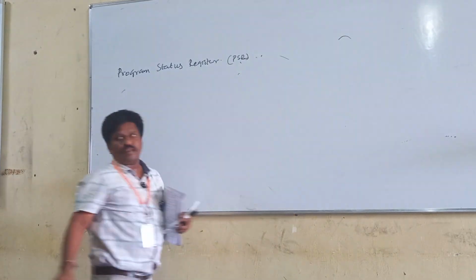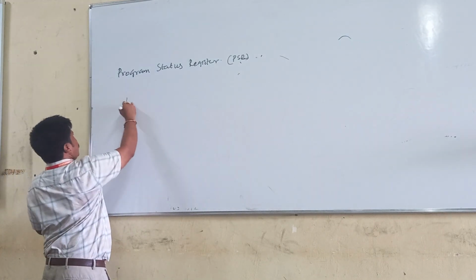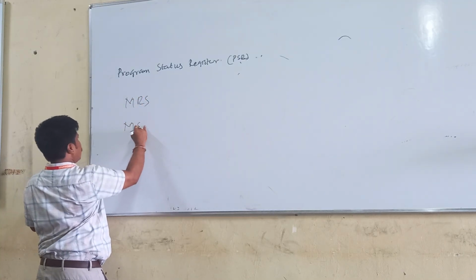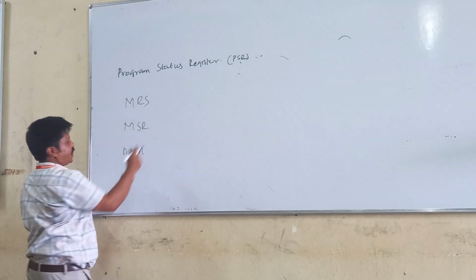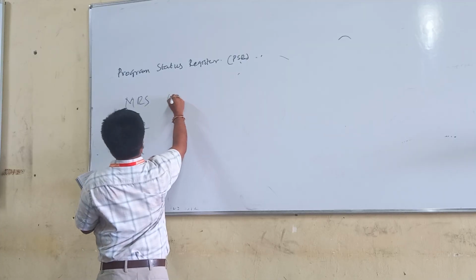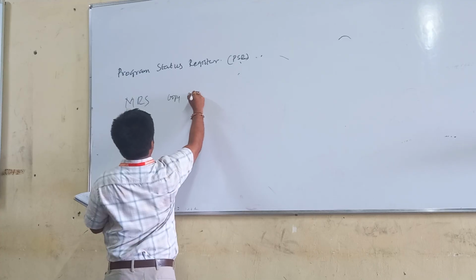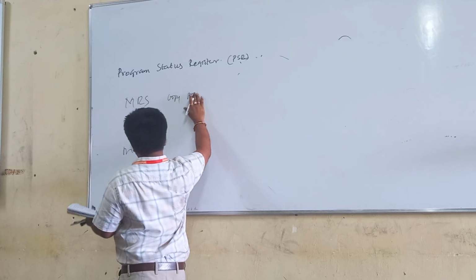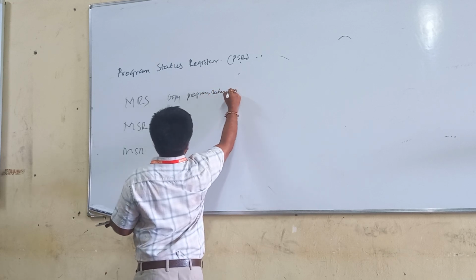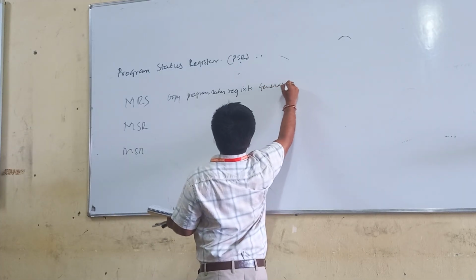Now I will be writing the table of instructions. After the definition and the syntax, now the table of instructions. How many instructions are there? Three. One is MRS, another is MSR, and another is MSR only. We have written the three syntaxes there. This MRS will copy the contents of the program status register into a general register.